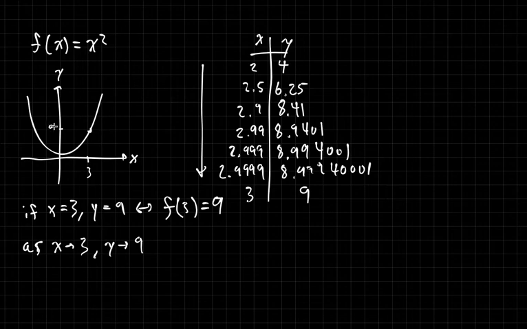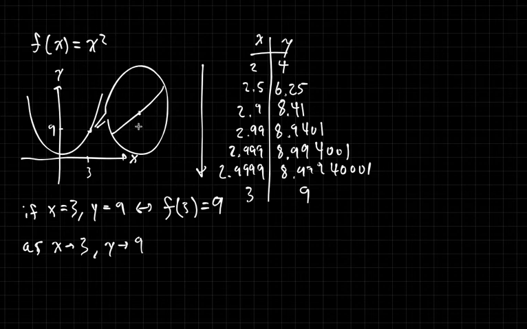If you want to zoom in here, I just said as x approaches 3, using these values, so maybe 2 is somewhere over here. As these numbers are getting closer and closer to 3, y is getting closer and closer to 9, which is following this curve, basically, right?